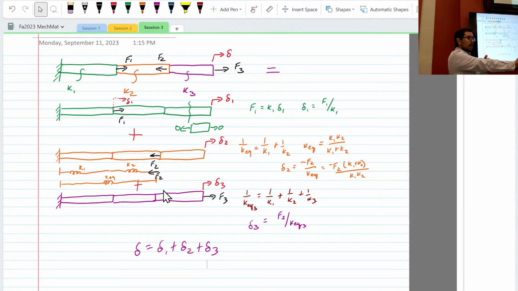So if I'm looking at just the deformation, how much this has changed its length, it's not how far my wrist has moved, but how far my wrist has moved relative to the interface that has also moved.